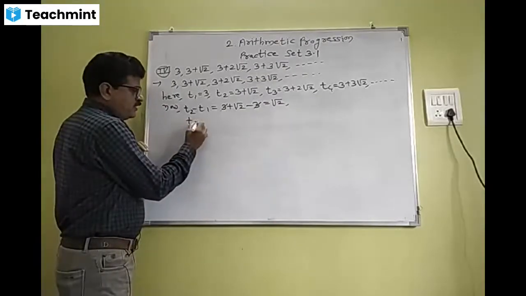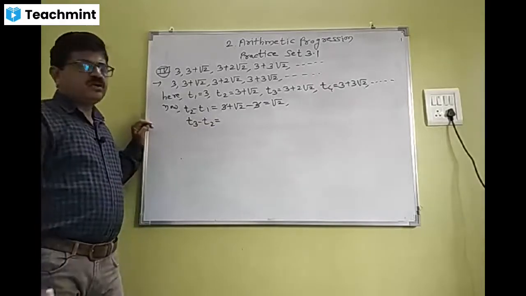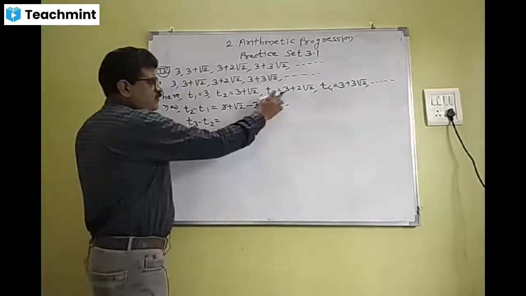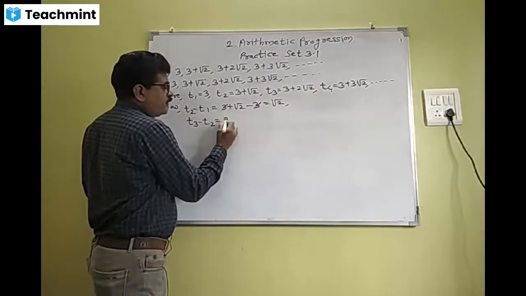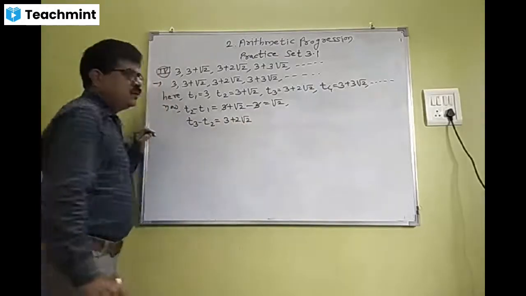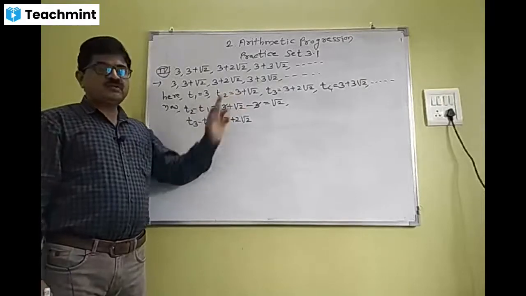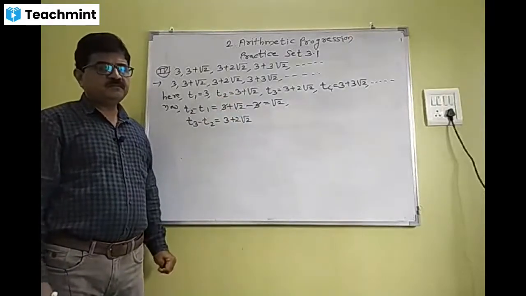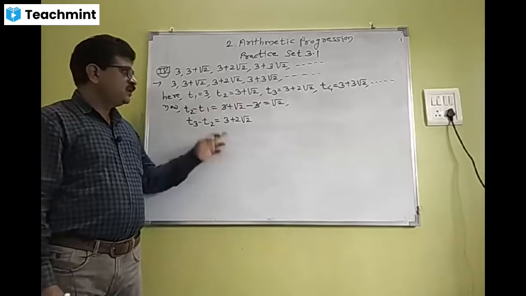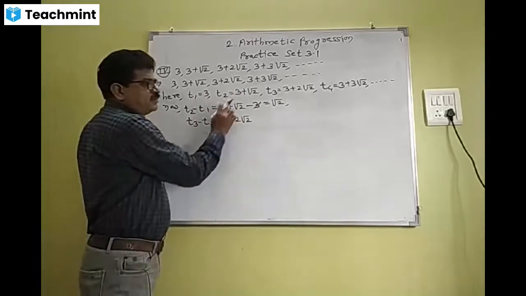Now T3 minus T2. T3 minus T2 is equal to, now write down value of T3, that is 3 plus 2 root 2. Now we have to subtract T2. सांगा बरं T2 subtract करायचंय, काय करावं लागेल? Now we have to change sign of both terms.